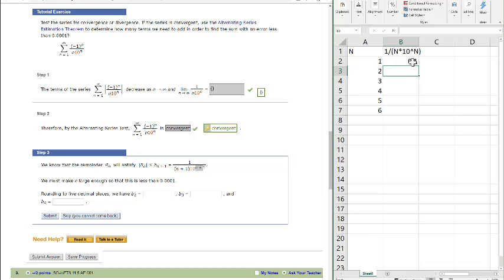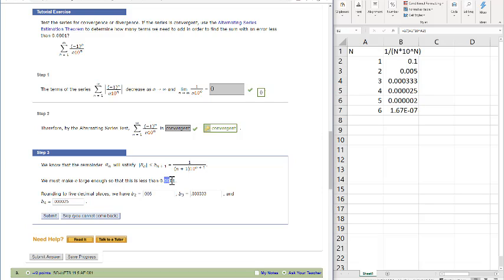When n is equal to 1, we have 0.1, but we want to start at 2. So here we get 0.005, and for the next one, b sub 3 is going to be 0.000333, and when n is equal to 4 it is 0.000025.